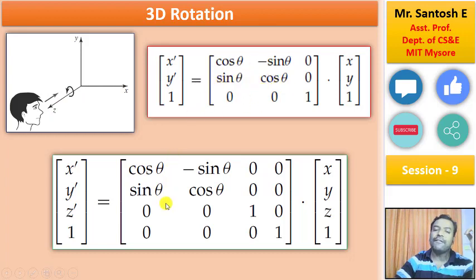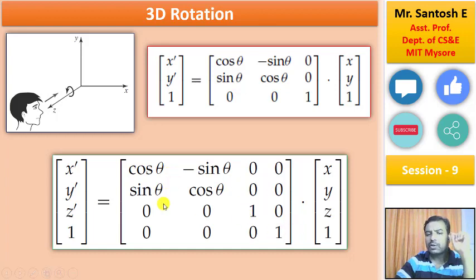Now the same thing, if I want to expand this to 3D rotation, this is where we are going to bring in the z component. When I bring in the z component into the homogeneous coordinate matrix, I am going to get a 4 cross 4. Hence, I am going to keep the z component as 1, and the same matrix I am going to get here, because the rotation is still applied for the x and y plane only.